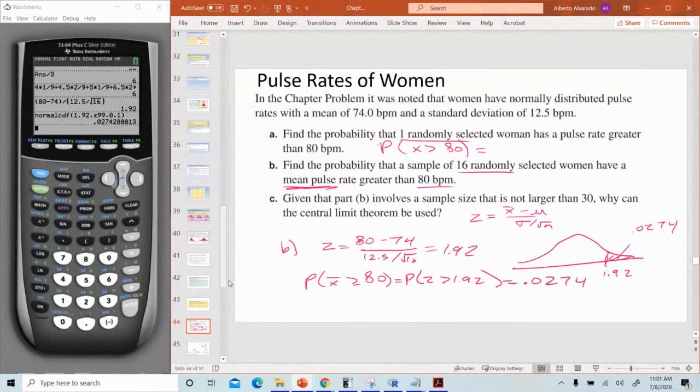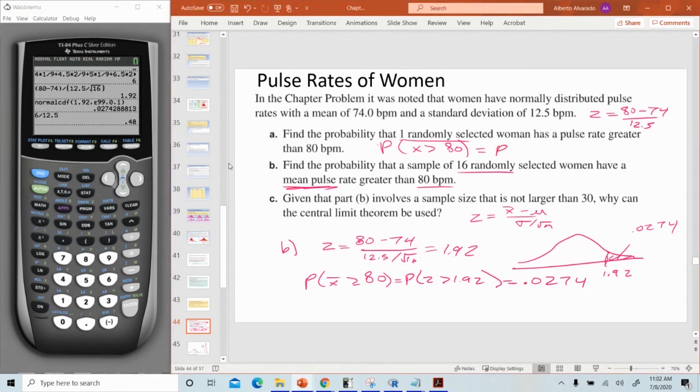If I do question A, it's almost the same thing: 80 minus 74 divided by 12.5, which is 6 divided by 12.5, and that's 0.48.